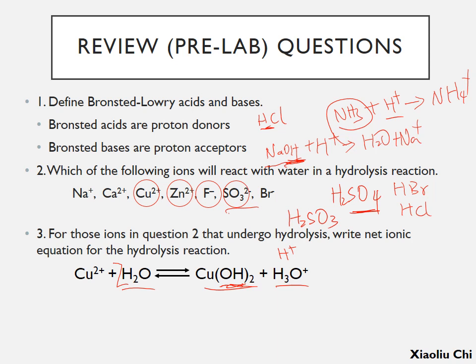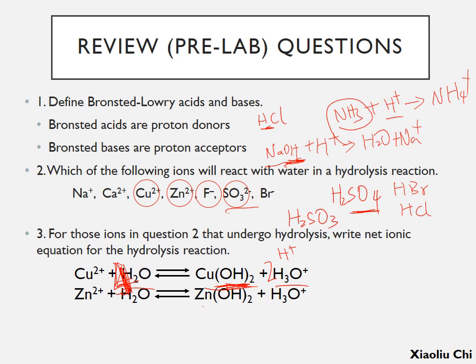Actually, you need 3 of them, because 2 water forms 2 hydroxide and 2 hydrogen ion, which combine with water. So here you need to times 2, and actually you need 4. Okay, so 4 water. And next one, zinc plus water.